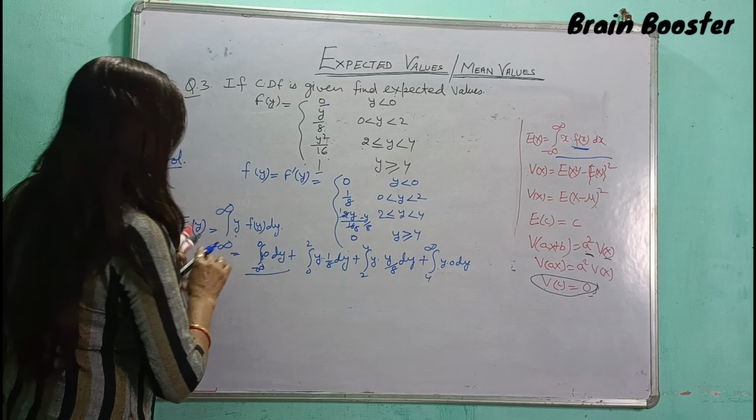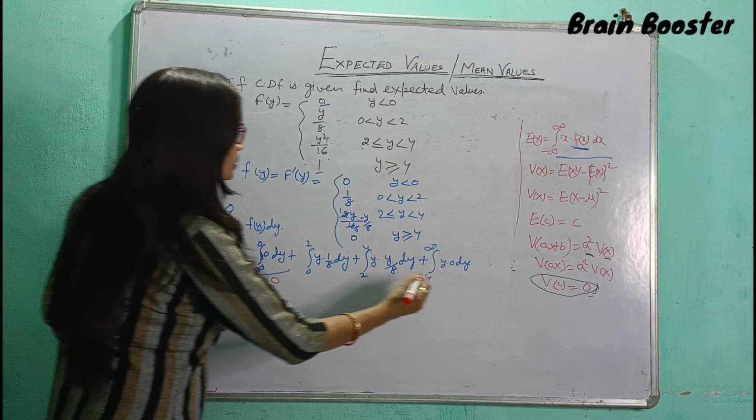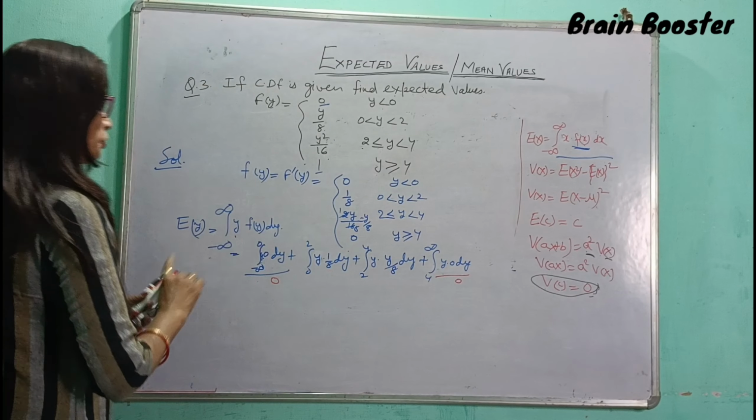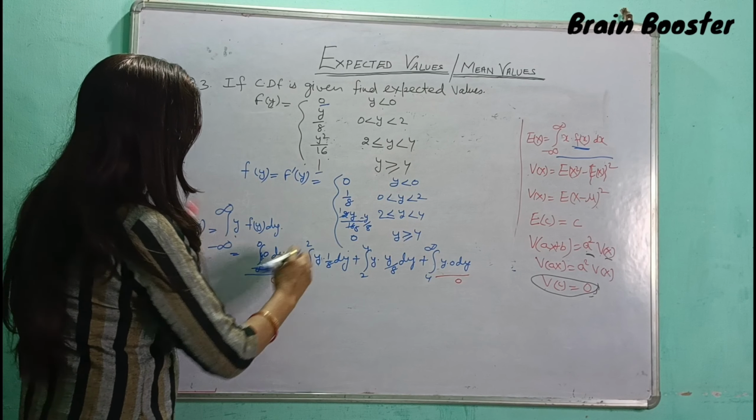That means this one is 0, this one is 0, and this one is 0. Don't need to write this one.